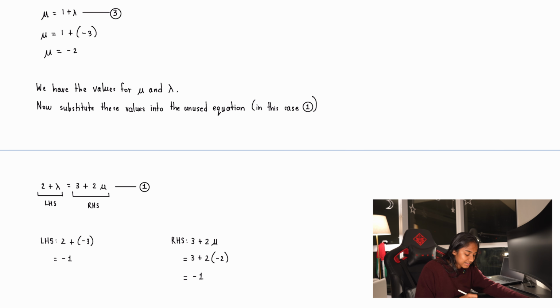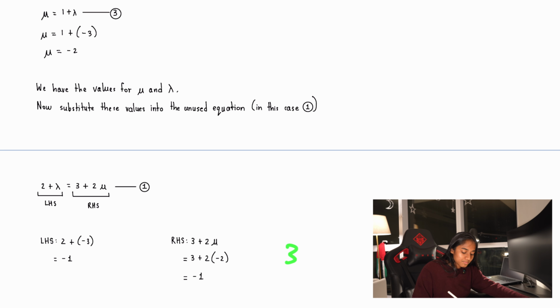So let's see, the left-hand side is 2 plus lambda. So 2 minus 3 is minus 1. And the right-hand side of this equation was 3 plus 2 mu. And we know mu to be minus 2. So we have 3 plus 2 multiplied by minus 2 is minus what? Minus 4, exactly.